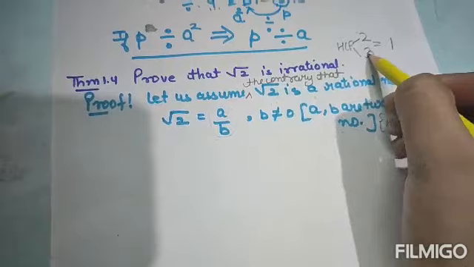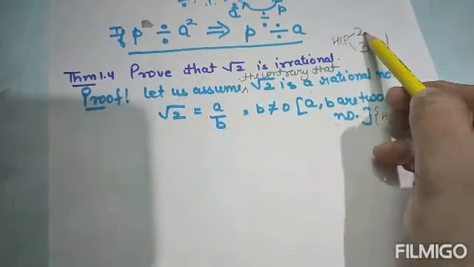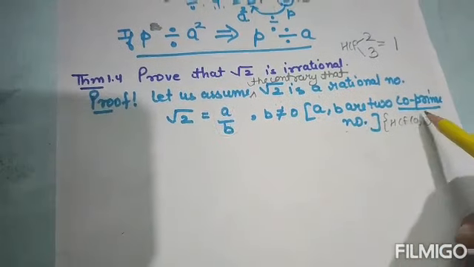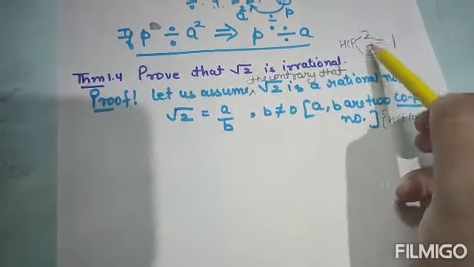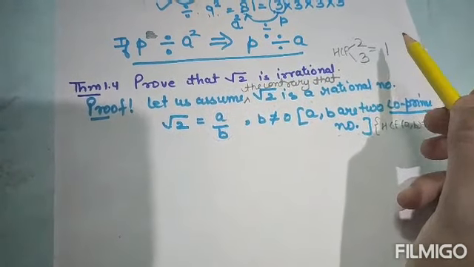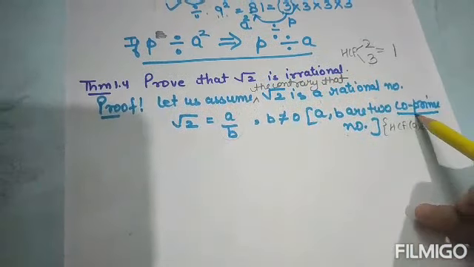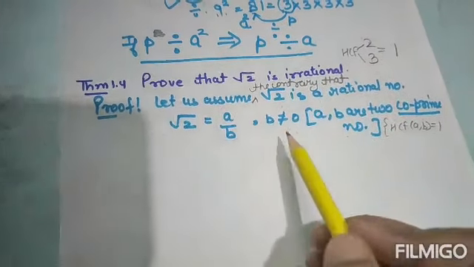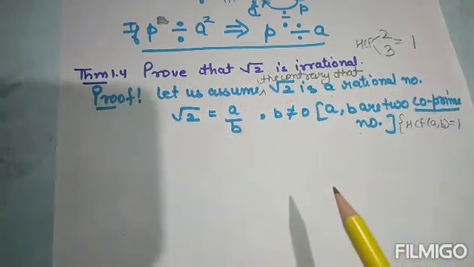There is nothing common between 2 and 3. Therefore, these two numbers, 2 and 3, are co-prime numbers, whose common factor will be only the number 1. This is called co-prime numbers. So, look, we have assumed this and we have written now.